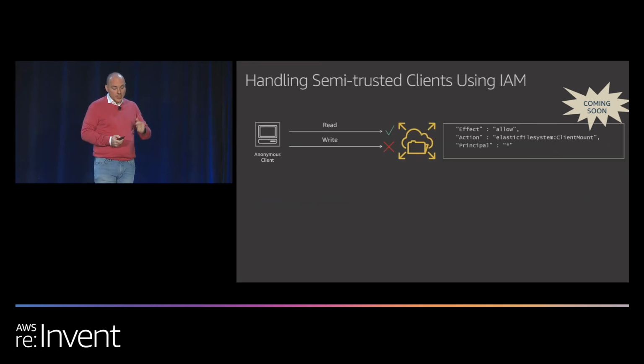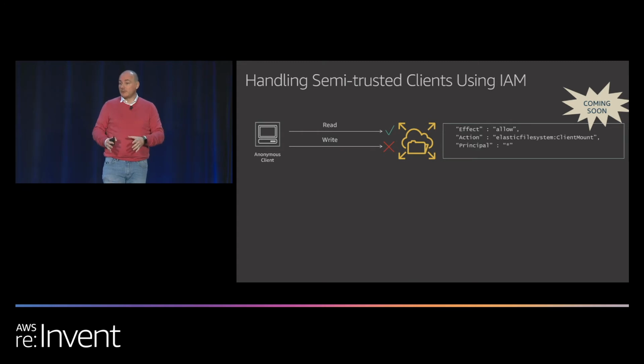Okay, let's look at some more examples of how this would work. In the first example, we have a principal star. This would be an anonymous client that is connecting to the file system. In this case, the client is able to mount the file system, which also implies read permissions, but is unable to write to the file system.